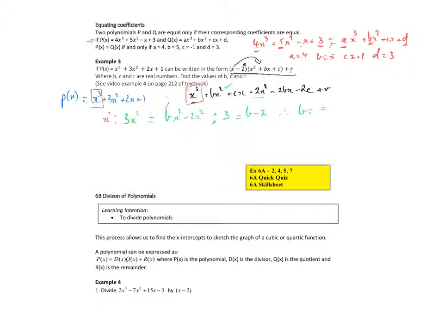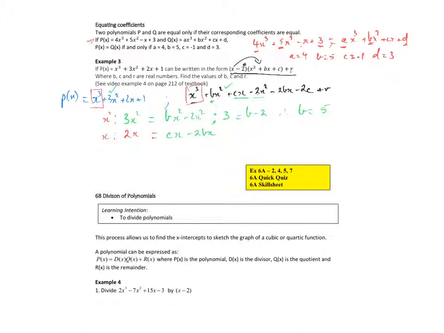Therefore, the b value has to be 5. Because what I'm really saying is if I put a 5 in here now, I get 5x squared minus 2x squared, which will give me 3x squared, which is that term. What about the x term? The blue one, the x term is 2x, and that has to equal, where's my x term, cx, sorry, minus 2bx.